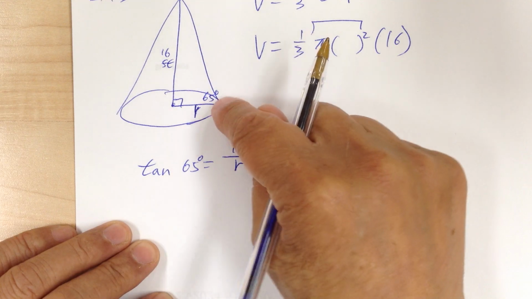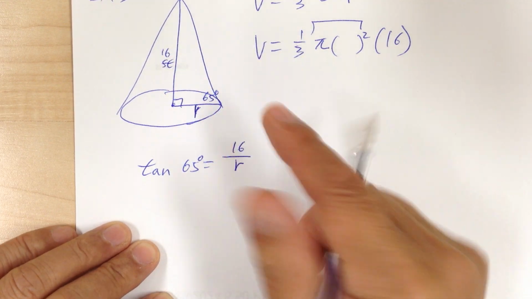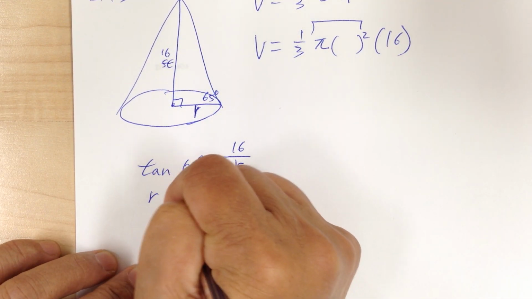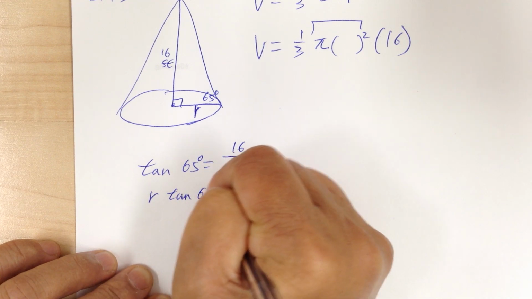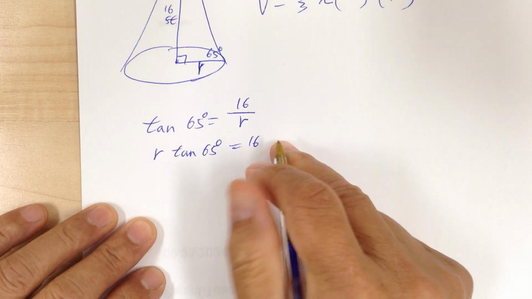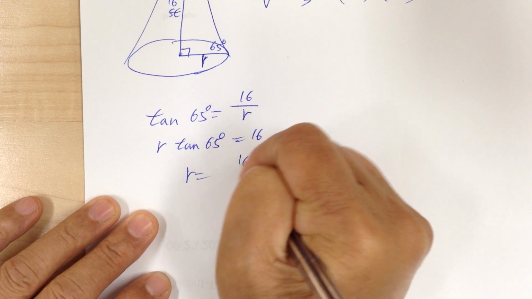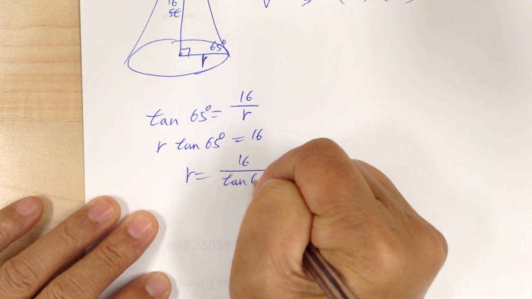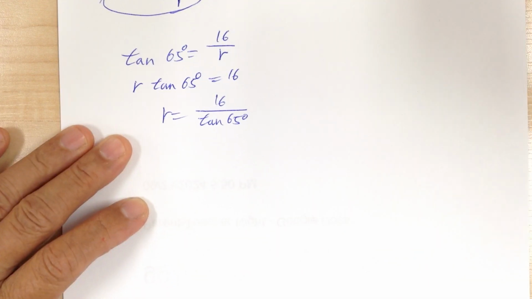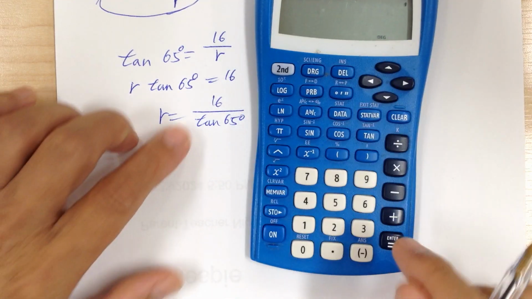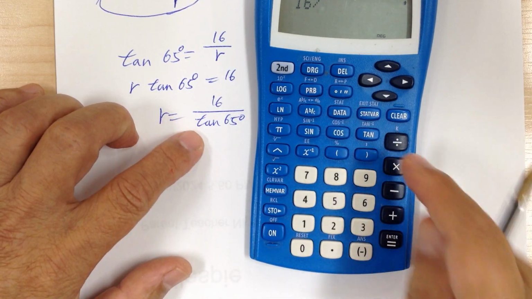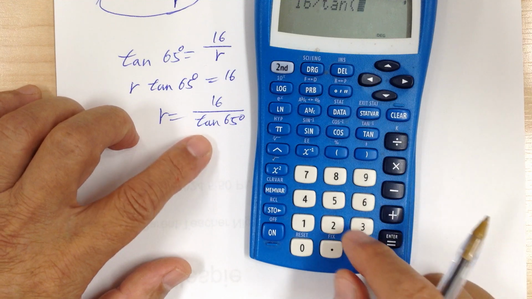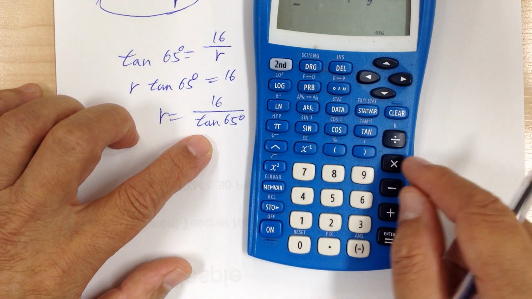You cross multiply and divide. So r equals 16 over tangent of 65 degrees. So get your calculator. 16 divided by tangent of 65 degrees.